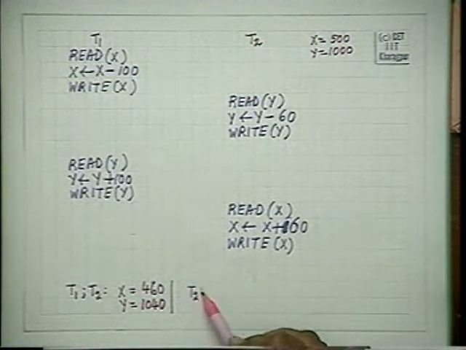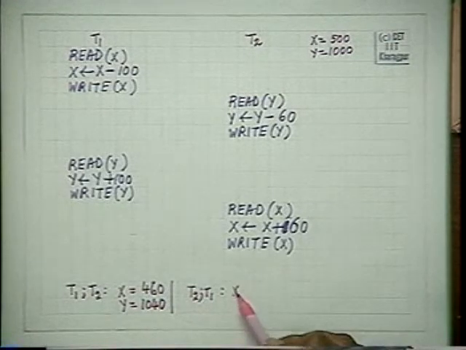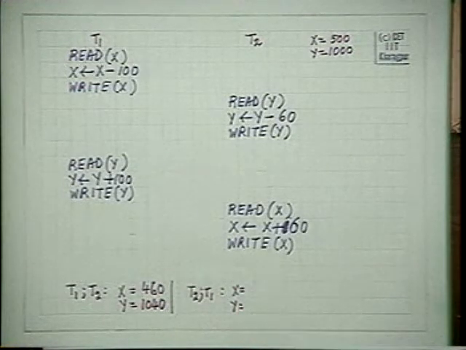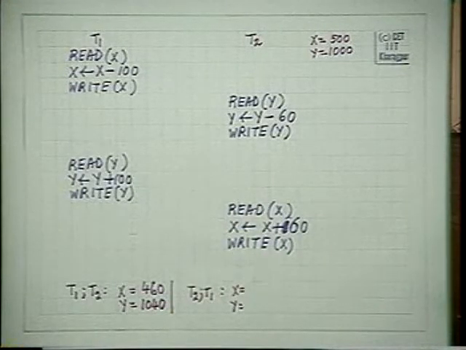If T2 follows T1, what will be the result? Same. When it is executed like this, it is also the same. So there can be transactions which one is executed after another in any form, it will be identical.